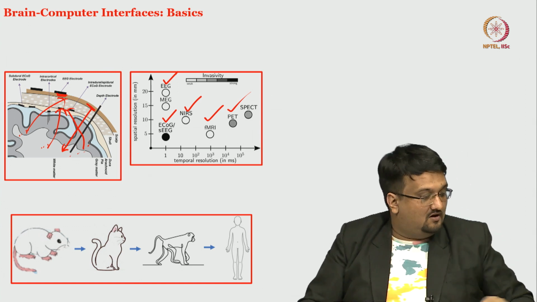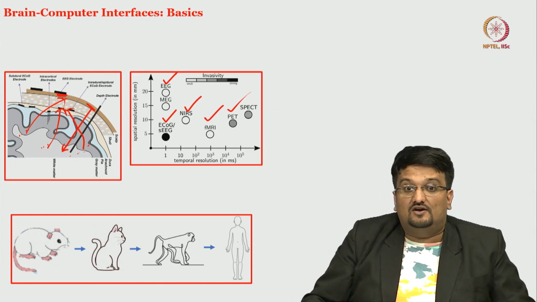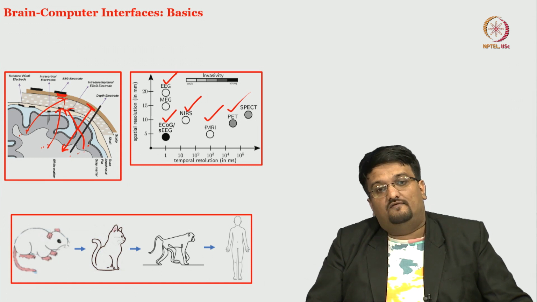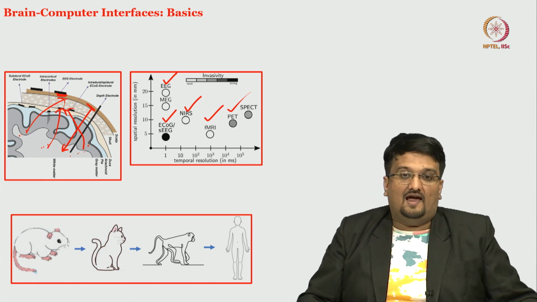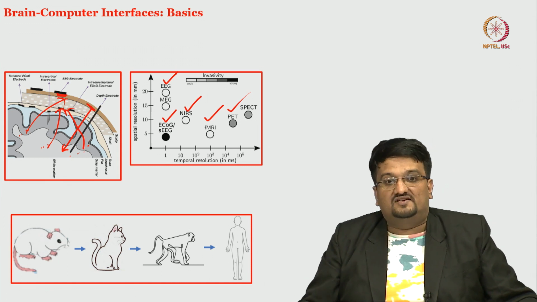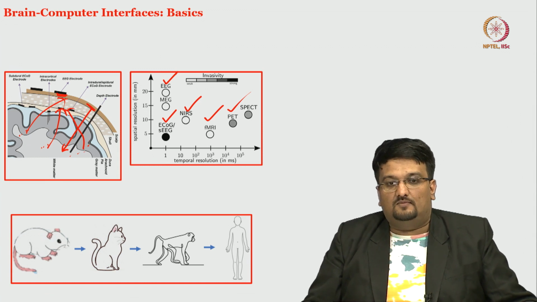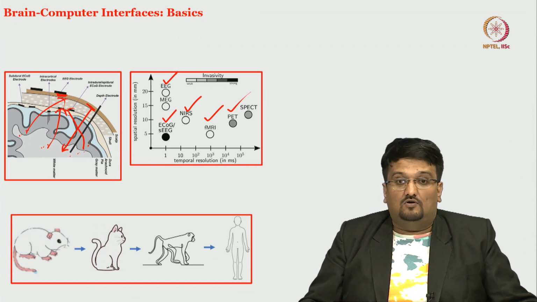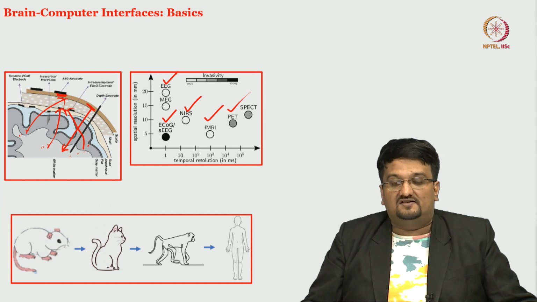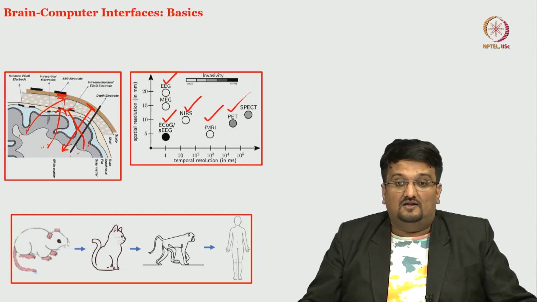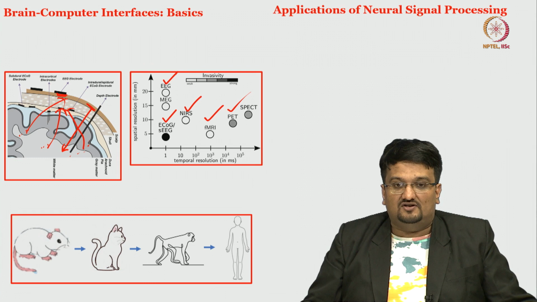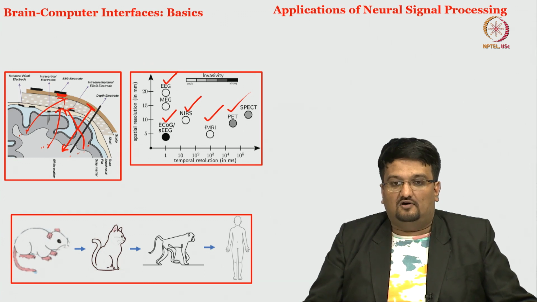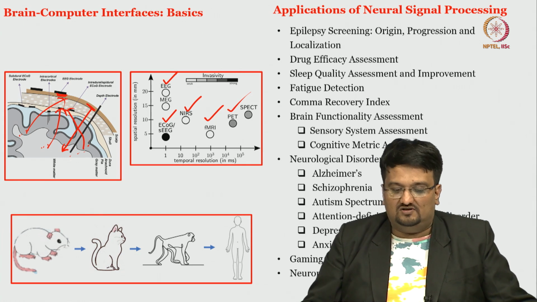Okay, so what are the applications? What can we solve if we can do the signal processing with a little bit of knowledge of the fundamentals of mathematics? I'll just show you the applications here. What are the basic applications which we'll be looking at to solve in this particular course?